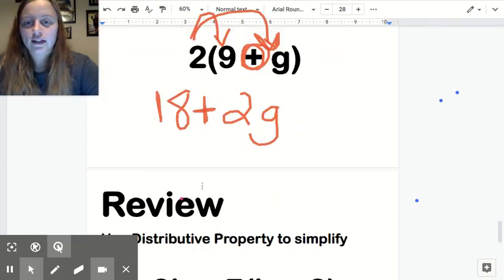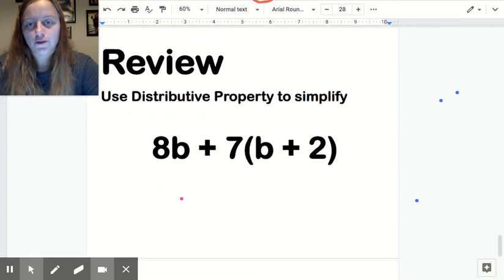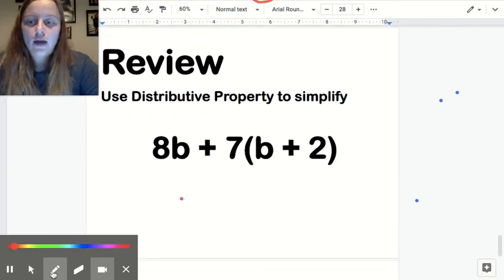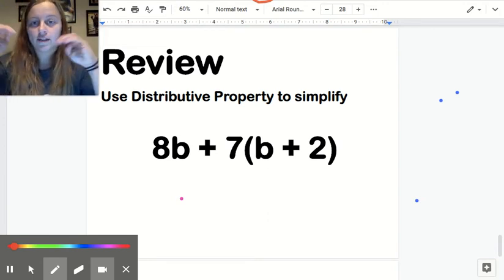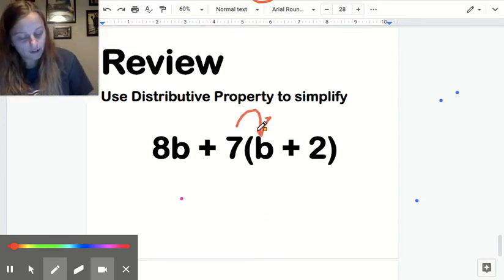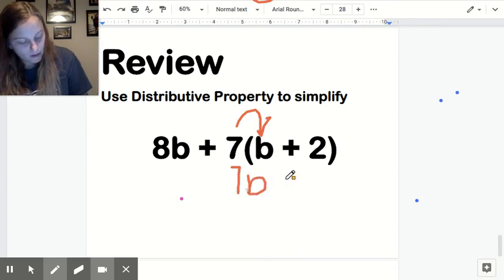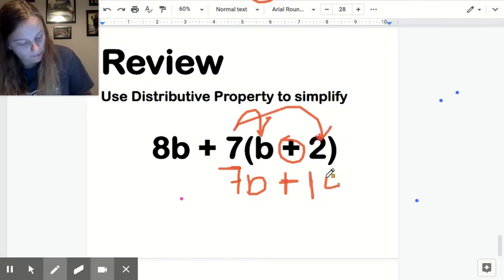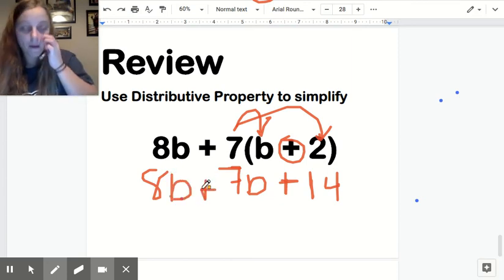Let's go ahead and look at a little bit more tricky one using distributive property. So I'm going to use that distributive property on the 7 groups of b plus 2. So this is really saying I have 7 b's plus 7 2's, which is 14. Don't forget about this 8b out in front. Let's bring that down.